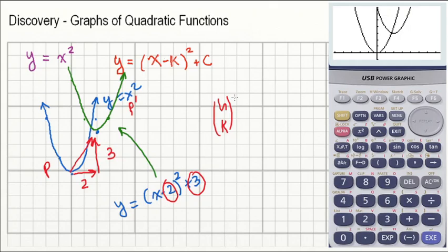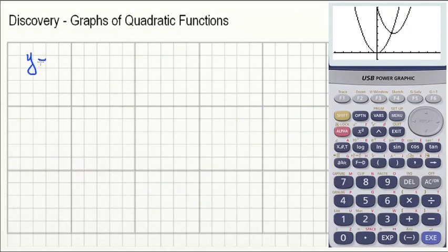But if you rewrite that in the form y equals (x minus h) squared plus k, interestingly enough, h and k will be the coordinates of the vertex of your parabola, which is this point here, the bottom point, or if it's concave downwards, it would be the topmost point.